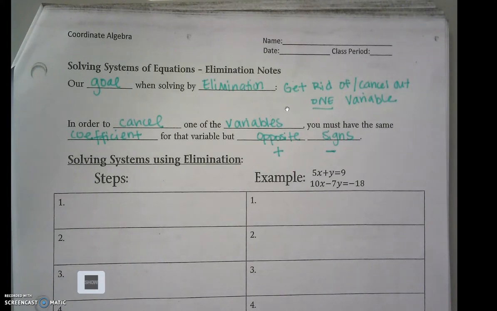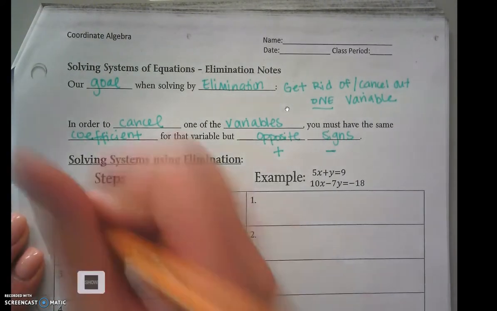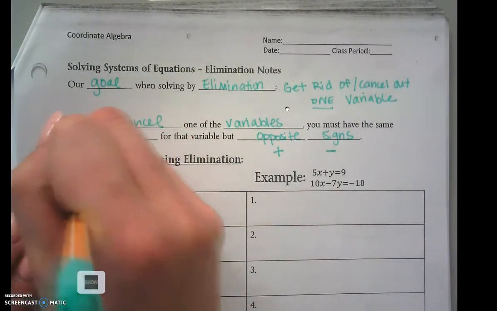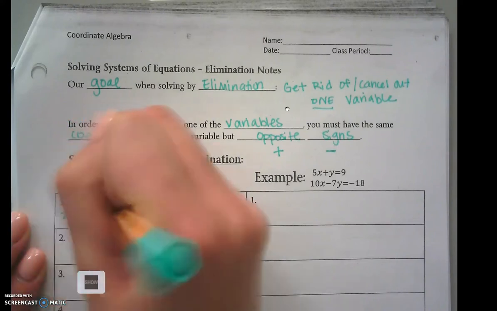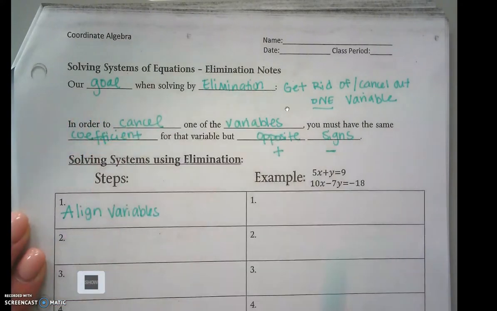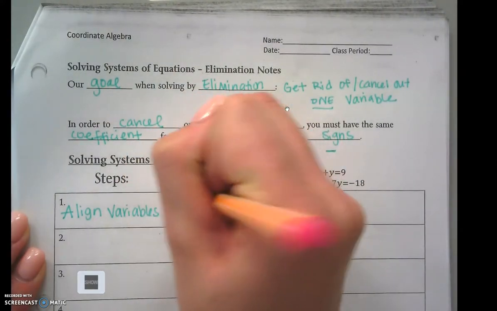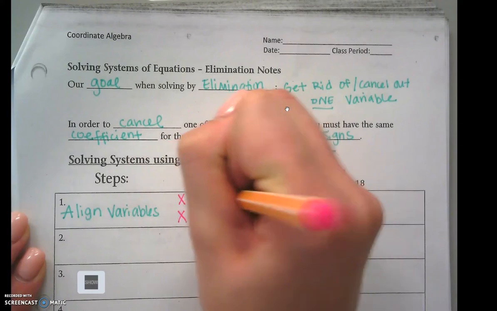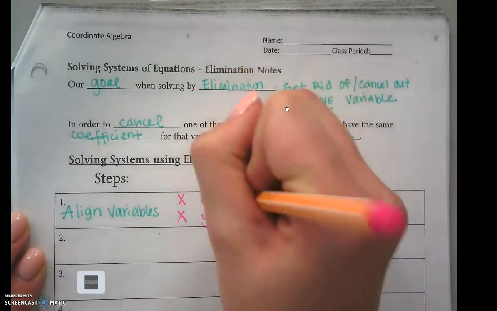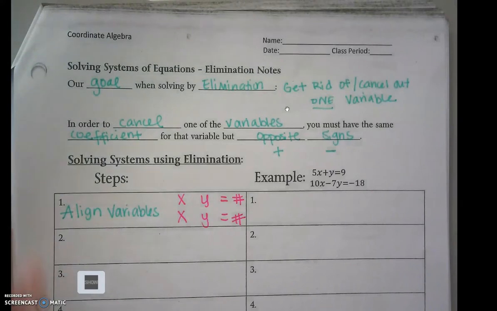So the first thing that we are always going to check for when we solve by elimination is we're going to align variables. So when we align variables, we want x's on top of x's, y's on top of y's, my equal sign on top of my equal sign, and typically a number over a number.